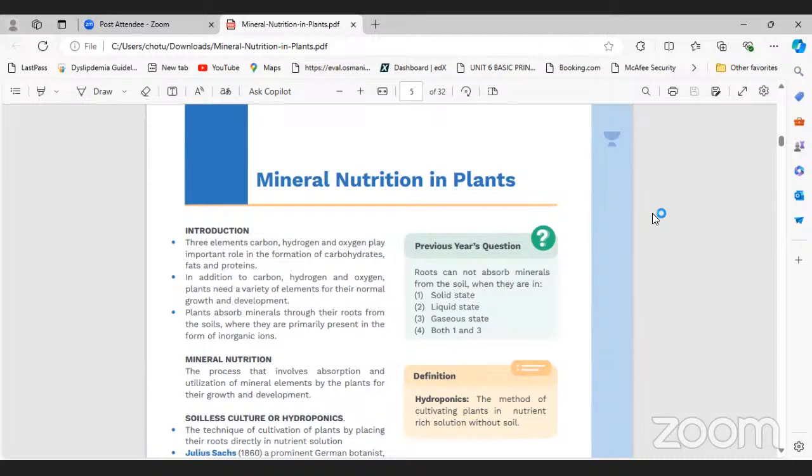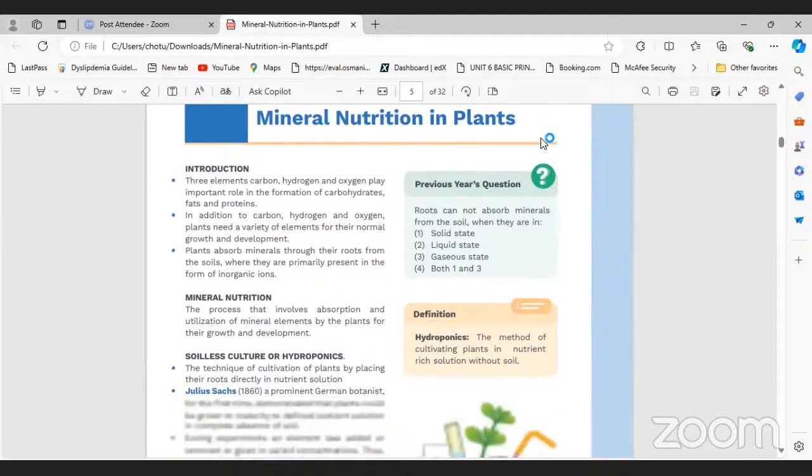Here, the three main important elements are carbon, hydrogen, and oxygen, the constituents of the plant body. Before we discuss the minerals, what is the constitution of the plant body? It is well known that elements like carbon, hydrogen, and oxygen are the most important plant nutrients.